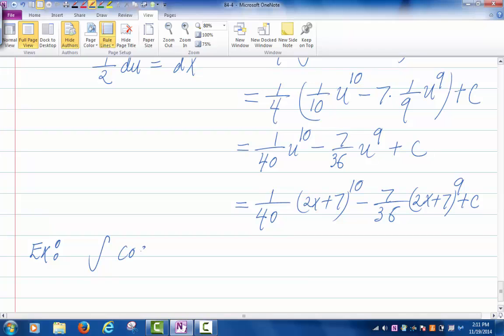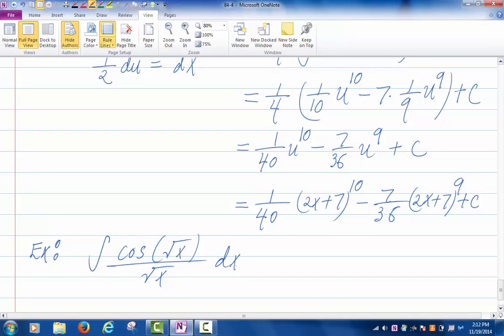This is cosine of root x divided by root x dx. So that's the integral that I have.